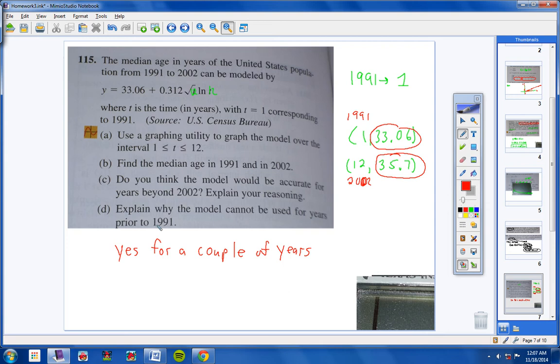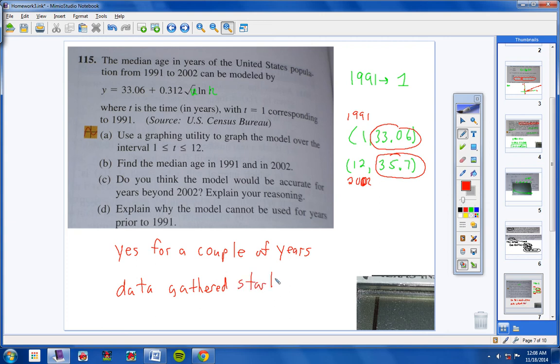And why would the model not be used prior to 1991? Well, guys, the data that was gathered started in 1991.